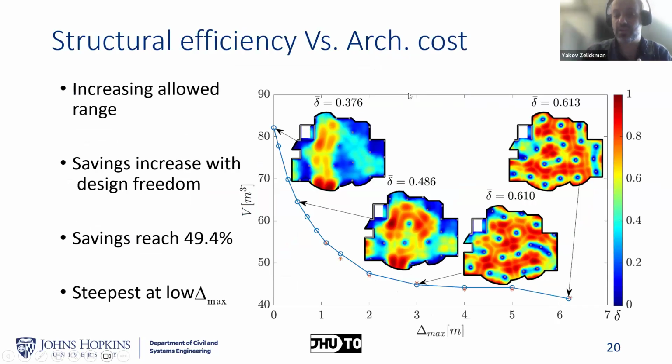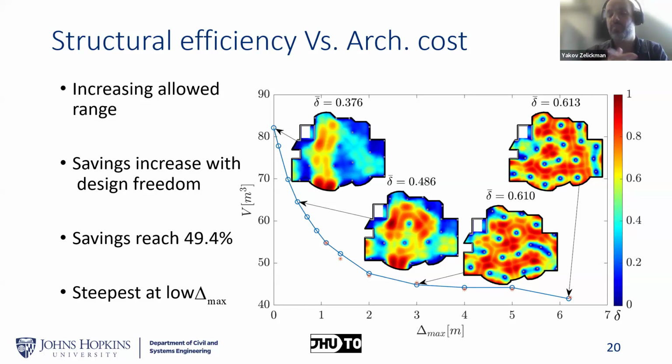Here is another example, which aims to show again the trade-off between the freedom of the optimization, which is represented here by the horizontal axis, delta max, and the performance. On the left side, if I look at this design, this is a reference design made by engineers, and I ask myself, if I allow the optimizer to move by a delta max from the reference design, how will the performance improve with the increase in this freedom?